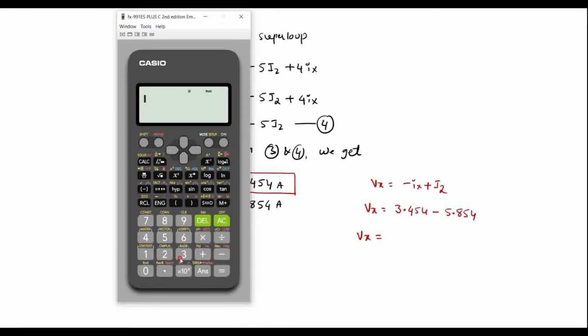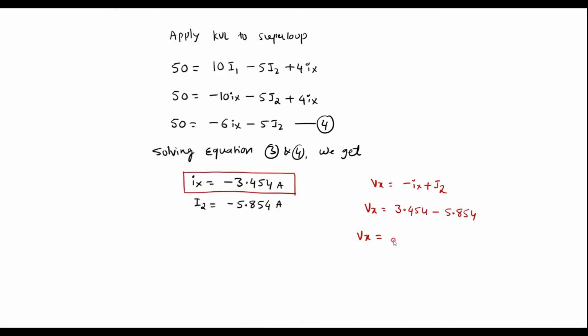So here we have 3.454 minus 5.854, which gives minus 2.4. That is, Vx is minus 2.4 volts. Thus we calculated Vx and Ix for the given circuit. Thank you for watching.